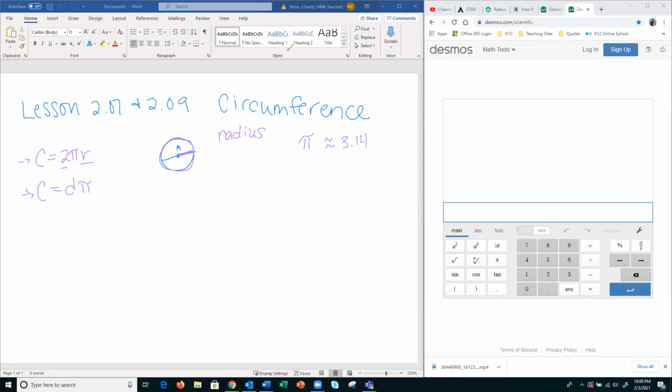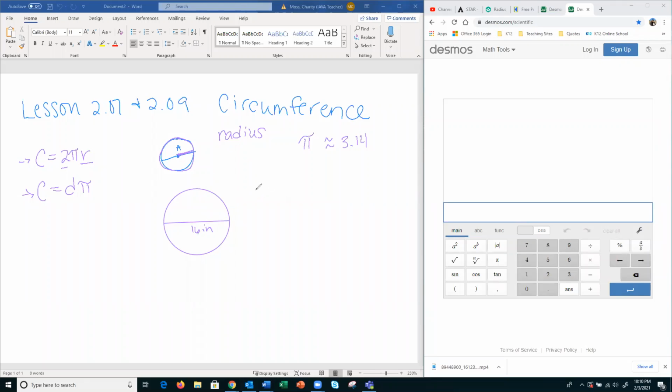I forget that they actually have this circle tool. I really should be using it. All right, let's make it a little more circular instead of oval. We'll draw our diameter, and then let's give that a value of 16 inches.